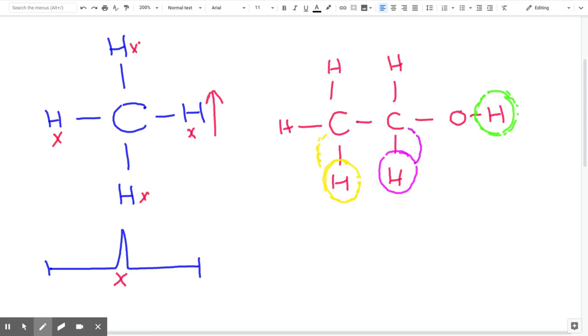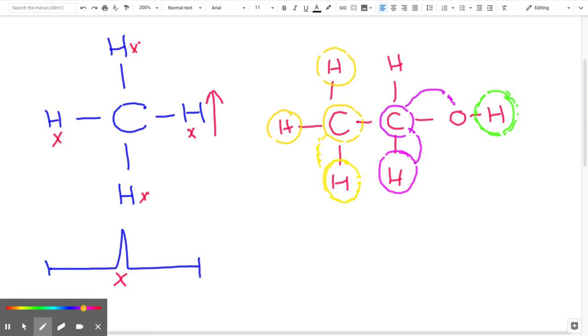This carbon is also adjacent to this oxygen, and so, linking in different things such as electronegativity, this carbon is going to be slightly different from this carbon, and so that means that the protons attached to the different carbons are also likely to be different as well.